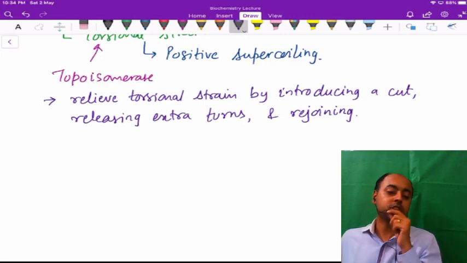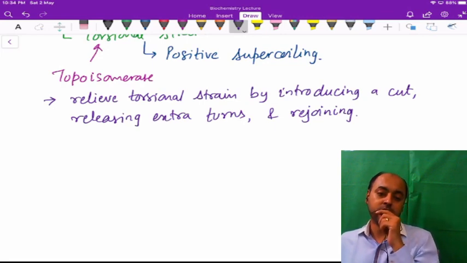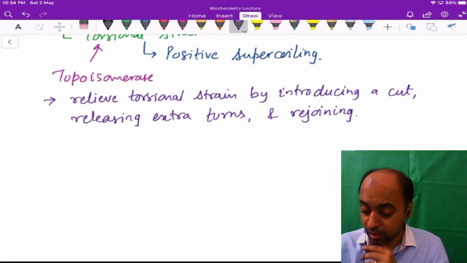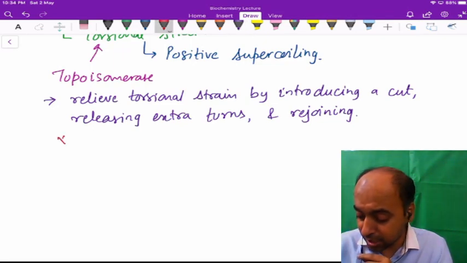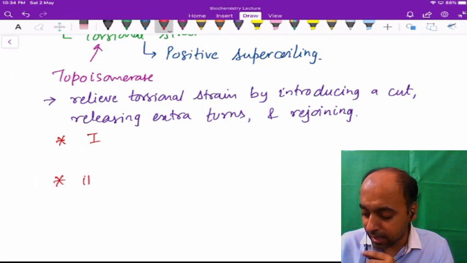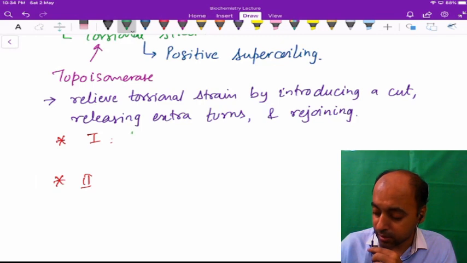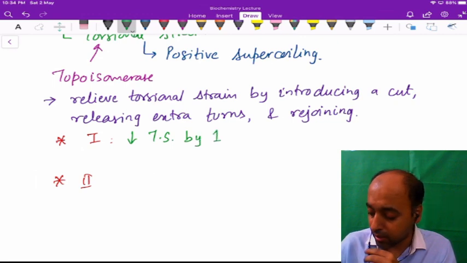So topoisomerase will relieve the torsional strain by decreasing the number of turns which are a result of the torsional strain. Here you should remember the topoisomerase can be of two types, rather two classes, class 1 and class 2. The class 1 decreases torsional strain by 1 turn.